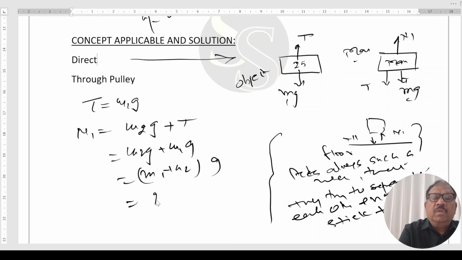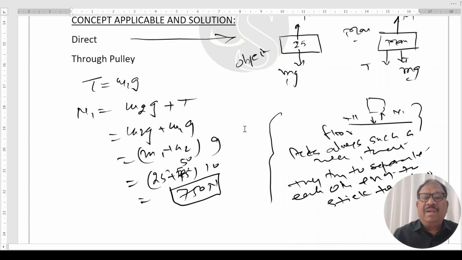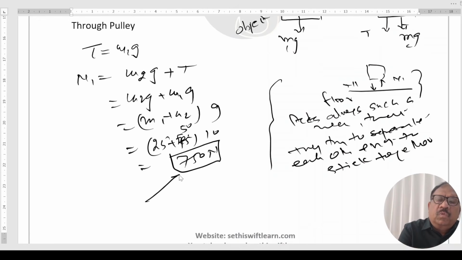M1 is 25 kg, M2 is 50 kg, so 75 into 10, that is 750 Newton. In case of direct lifting, force on the floor is 750 Newton. So this will not be favorable.